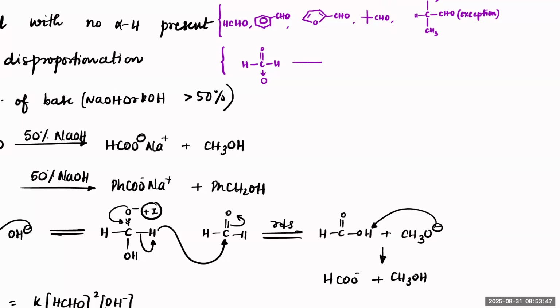And from 0, as it gets disproportionated, one is forming an alcohol like this, OH. The other one is forming an acidic group, which is O minus, like this. Okay. So now, if you notice the oxidation state here, carbon is gaining 3 electrons from 3 hydrogens and losing 1 to oxygen.